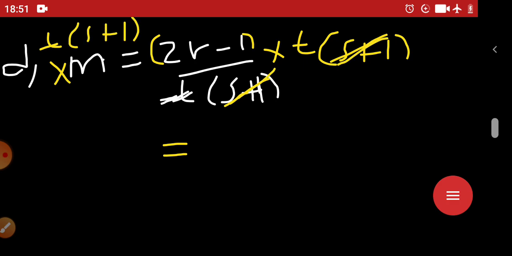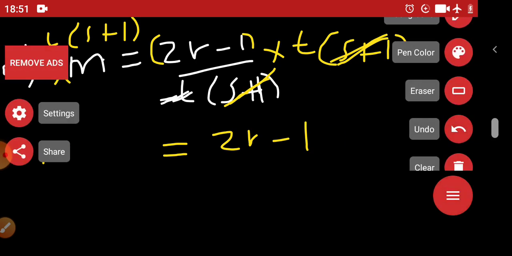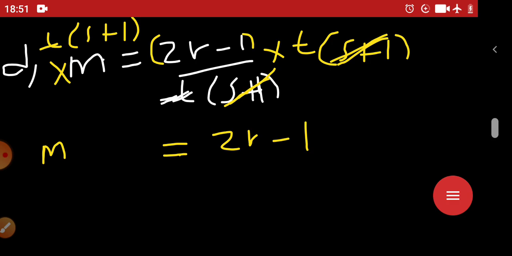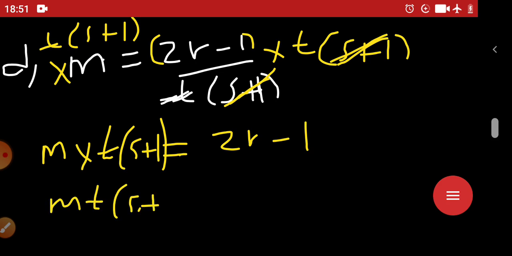So here this would give us 1, and then 1 times 2R minus 1 would be 2R minus 1. This side will have M times T(S plus 1). So M times T is MT, and then (S plus 1) equal to 2R minus 1.